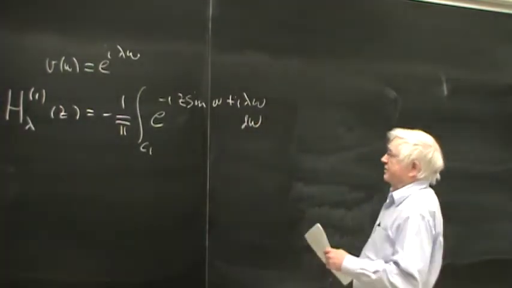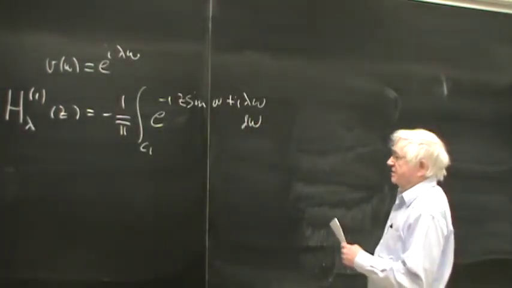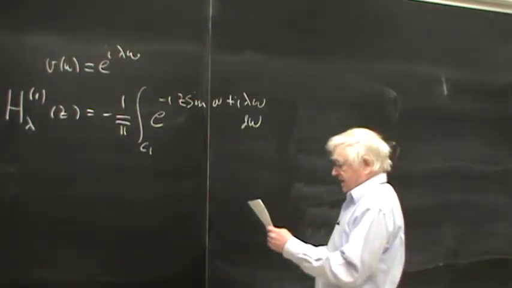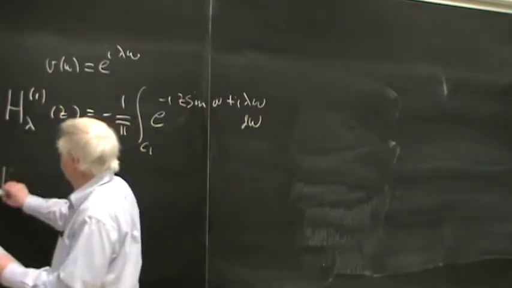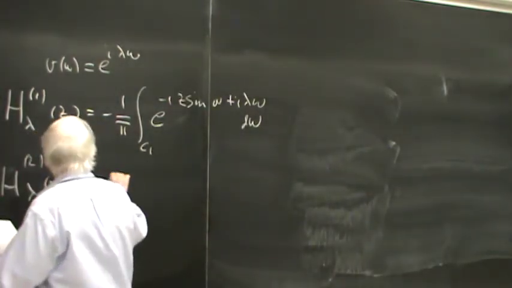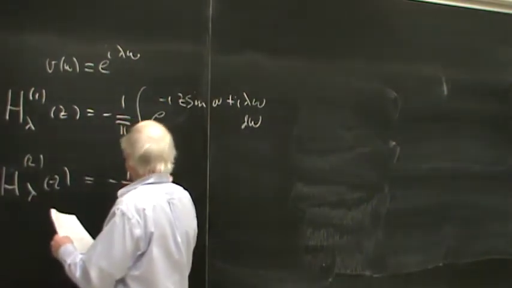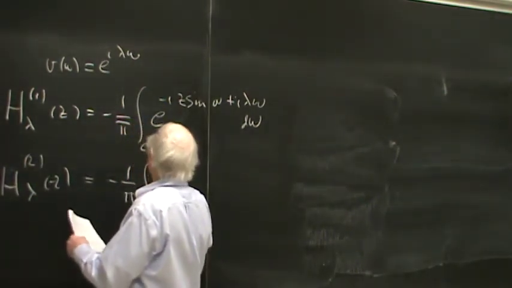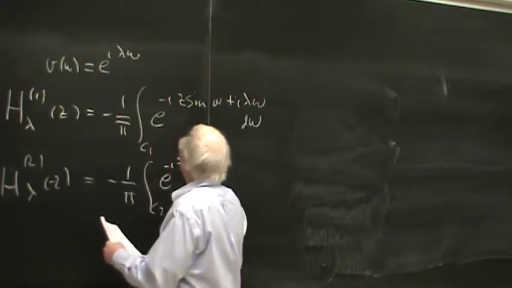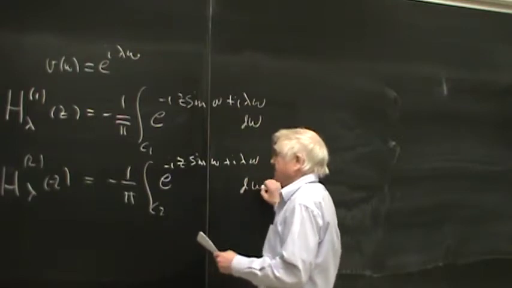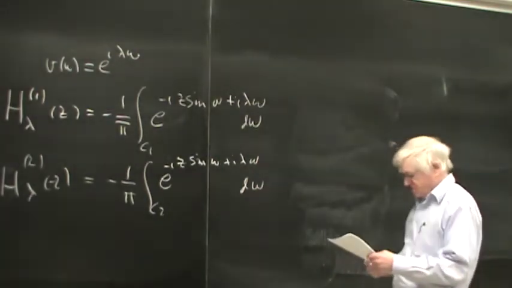Notice lambda is an arbitrary complex number here. So that's the first Hankel function. The second one is minus 1 over pi integral C2, the same formula, e to the minus Iz sine w plus I lambda w dw. So those are the two Hankel functions.